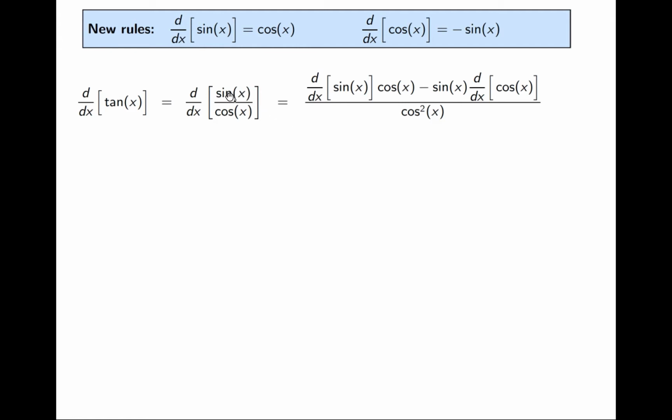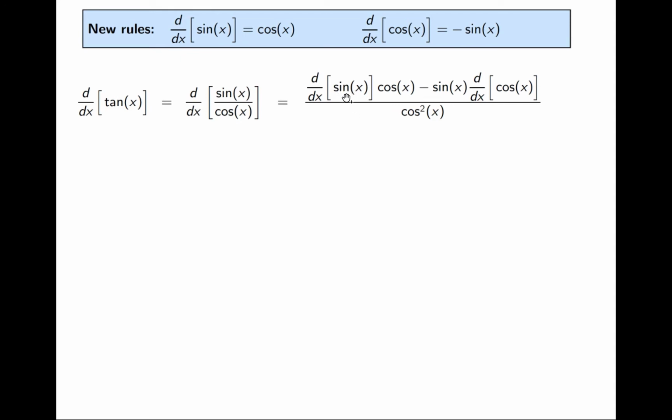The derivative of sine x over cosine x by the quotient rule is the derivative of the top function sine of x times the bottom function cosine of x minus top function times derivative of bottom divided by the bottom function squared. That would be cosine squared x.